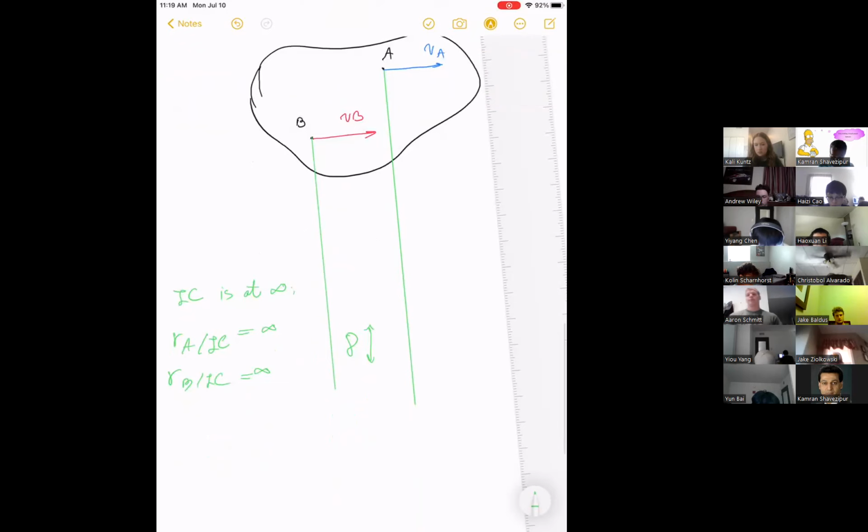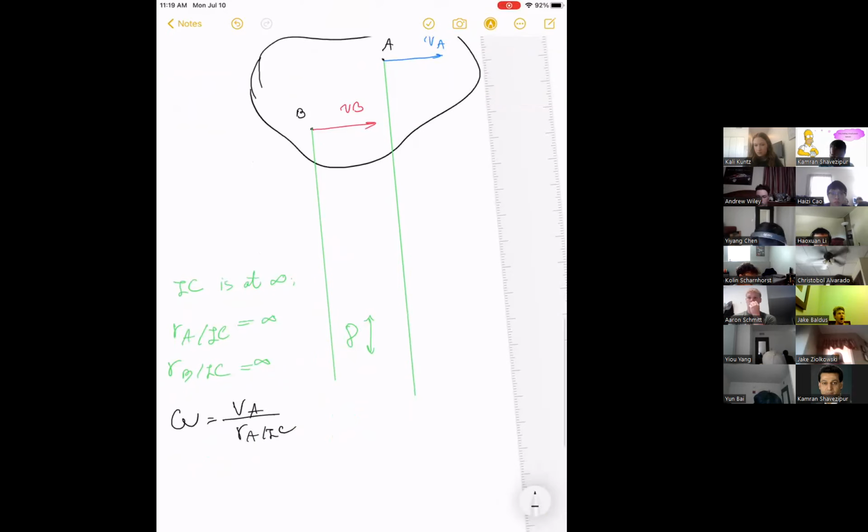So if I find the omega of this object, omega is going to be VA over RAIC, right? And omega, you can also use VB over RBIC, right? How much is this value for this case?